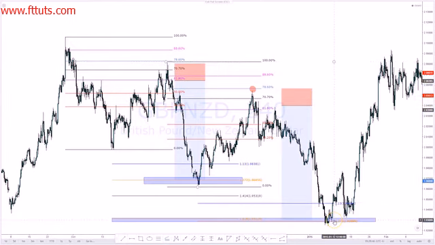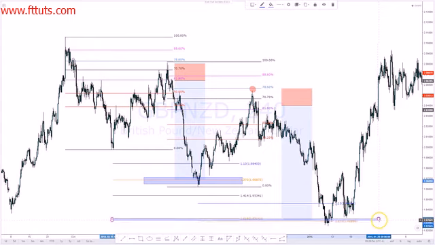Boom, 127 touch. And it happened to line up with the 1618 of the previous extension. So that's a very, very strong support resistance area. When you have these Fibonacci's lining up, all you have to do is just put a little box around them, right? And you see that's a very strong support area, and boom, it bounced heavily off of there.